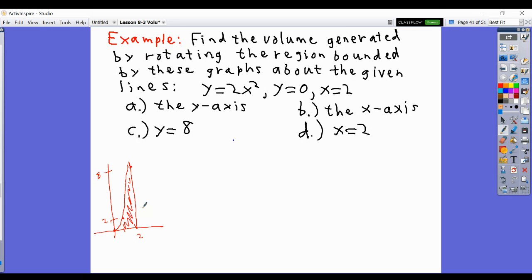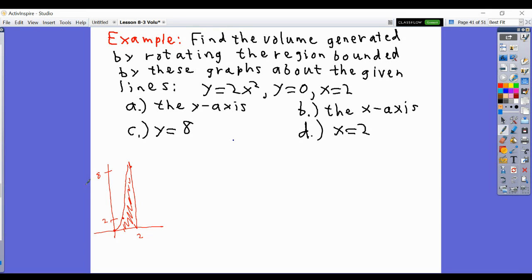Now, this piece, we can rotate it in lots of different ways. We can rotate it around the y-axis. Now, in order to rotate this around the y-axis, I would say you have two options. You could either turn your head sideways and do, which method do you think it would be?